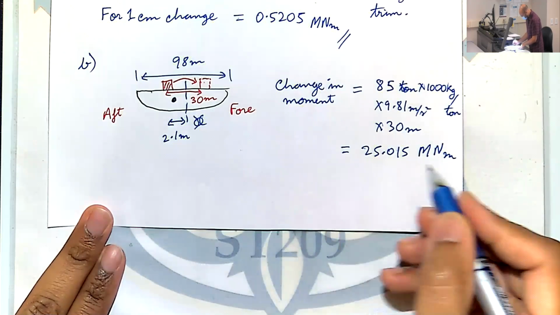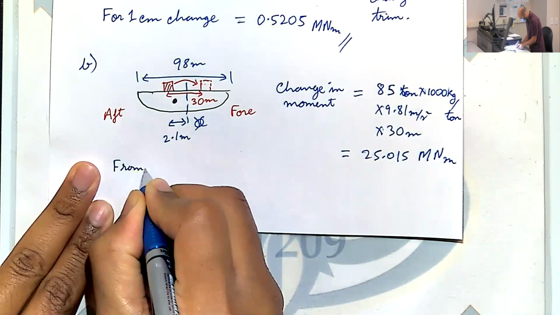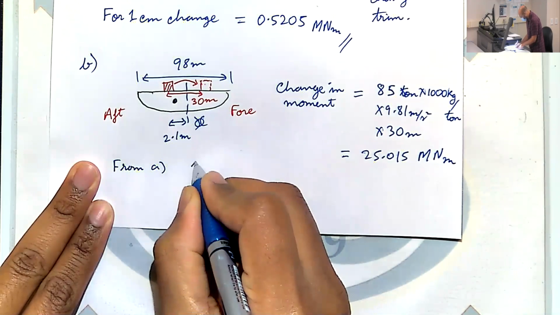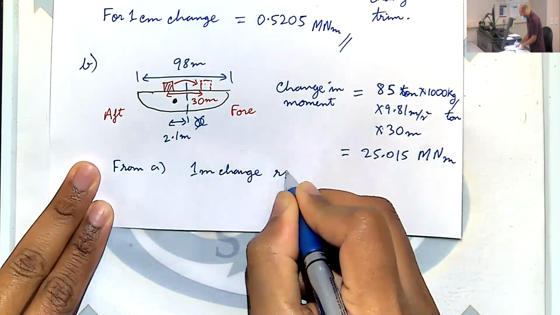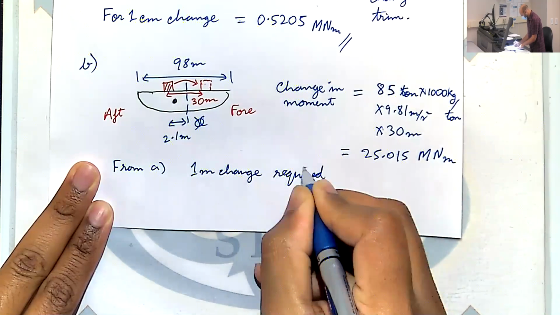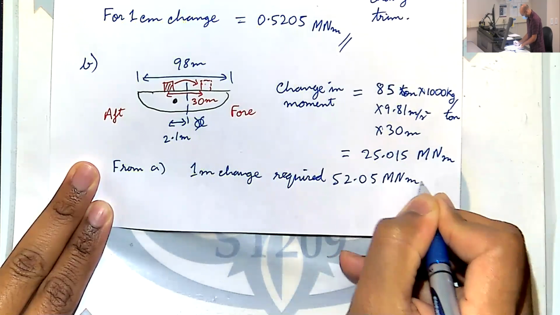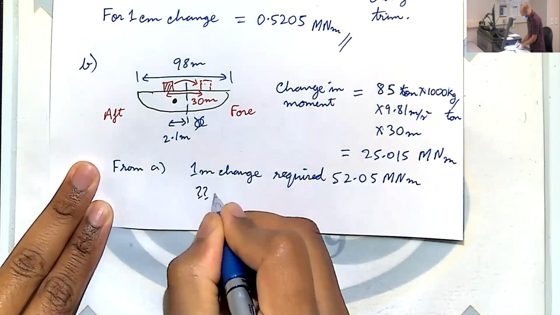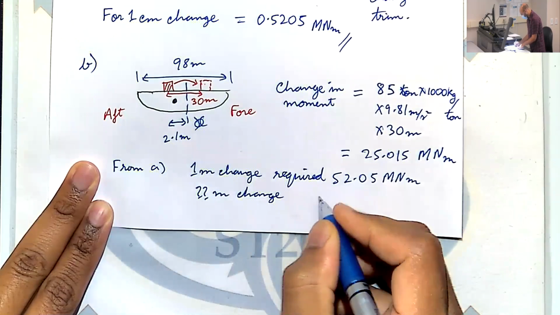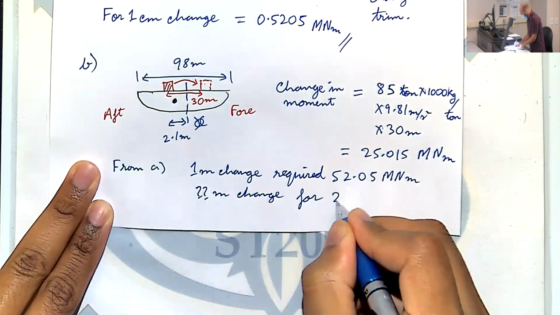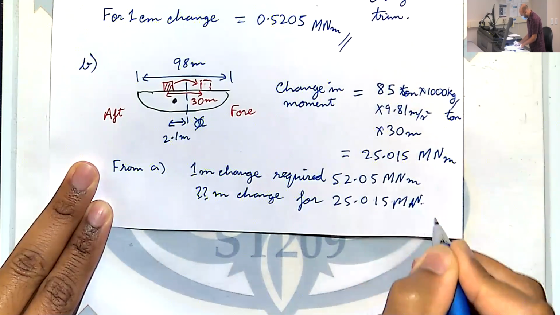So change in moment is this much. So from part A, 1 meter change required 52.05 mega Newton meter. So how many meters change if we have 25.015 mega Newton meter?